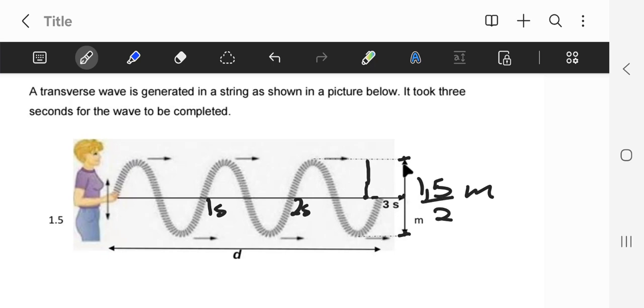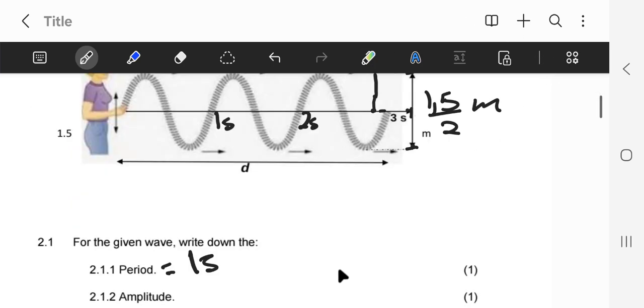So we take 1,5 and divide it by 2. The answer we are going to get when we divide 1,5 by 2 is 0,75 meters. So that is going to be our amplitude.